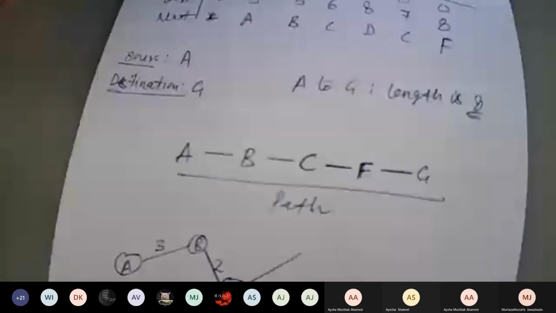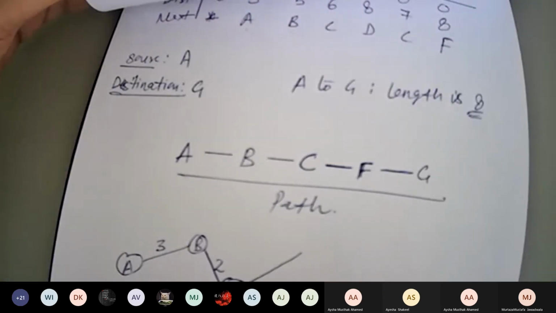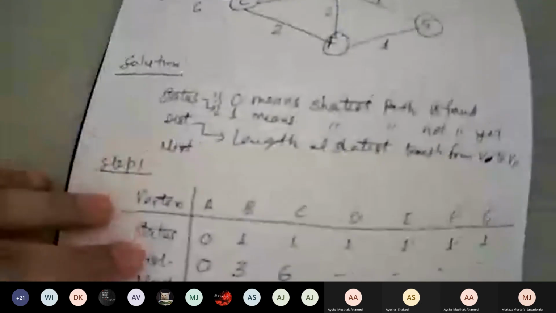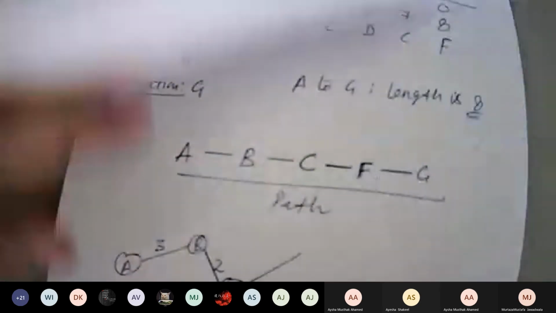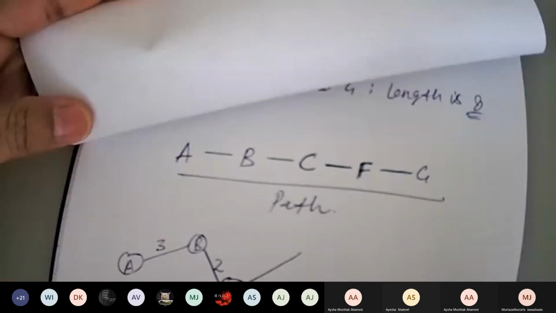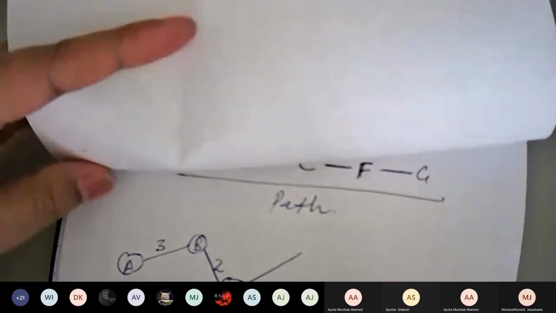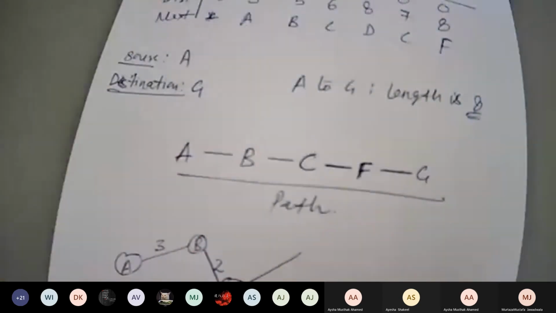Now F to G. This was 1. No, sorry, this was 2, and this is 1.